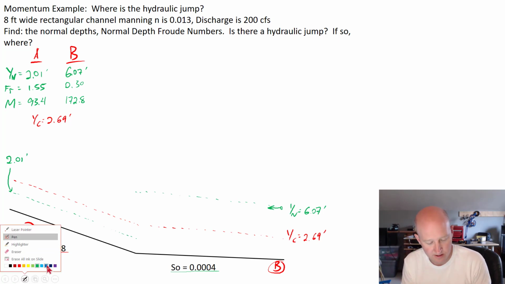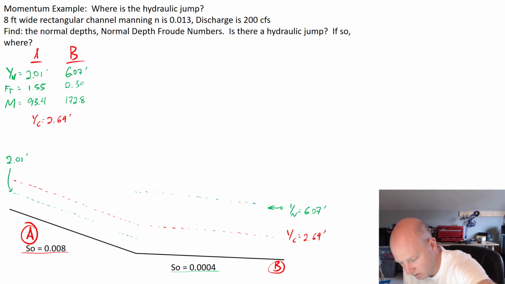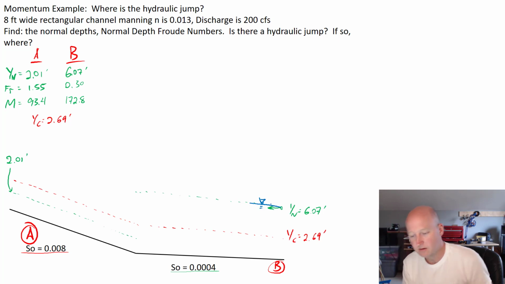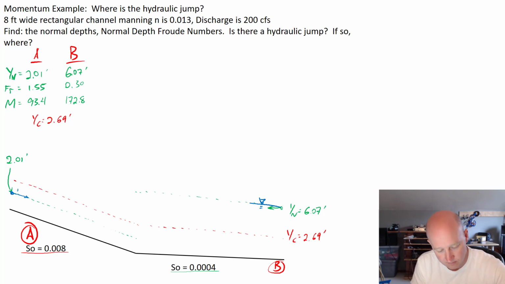We could write in that if we go far enough downstream, we are going to be at uniform depth. The same thing is true on the upstream section. For section A, the water's racing down the channel, it's supercritical, and so if we go far enough upstream, we'll also be at uniform depth.